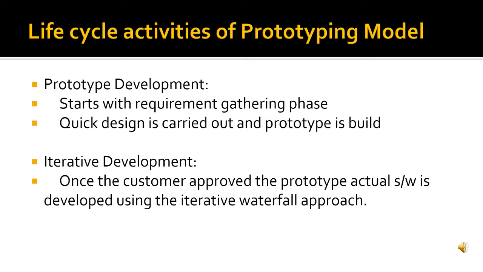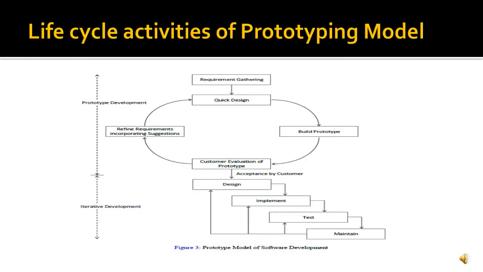Here we can see the life cycle of the prototyping model. This is the graphical representation of the prototyping model. The model is divided into two parts: the prototype development part and the iterative development part. In the prototype development part, the first point is requirement gathering.